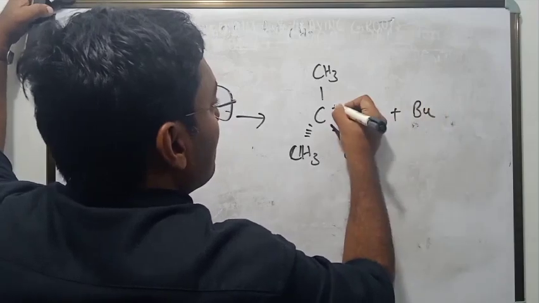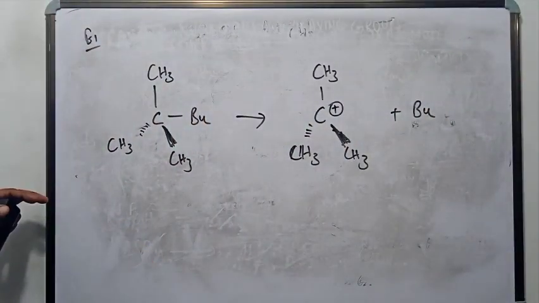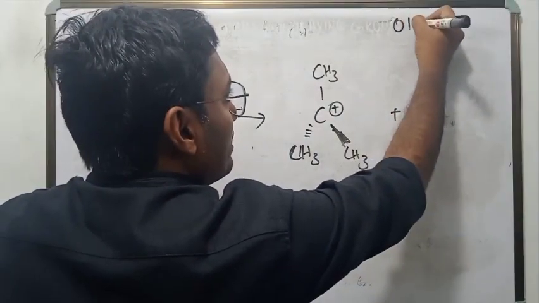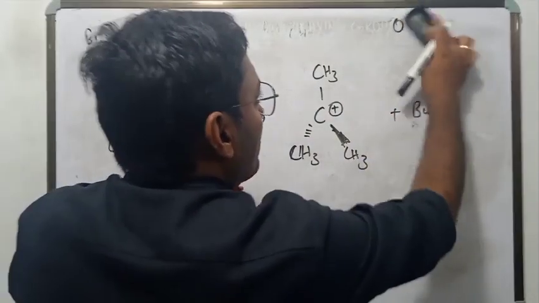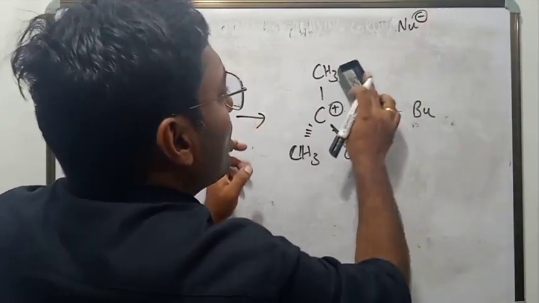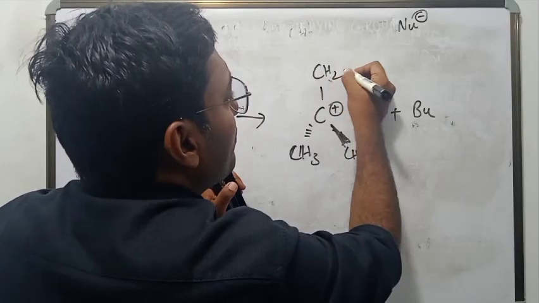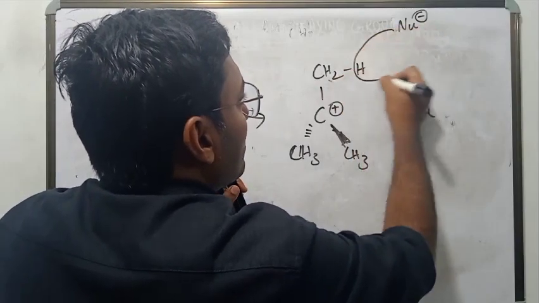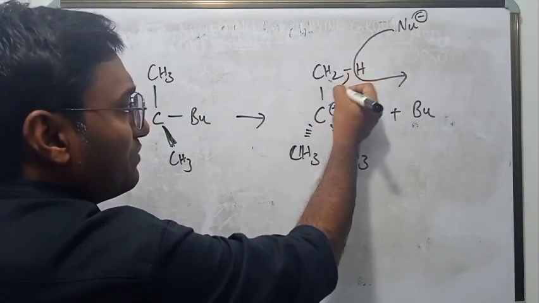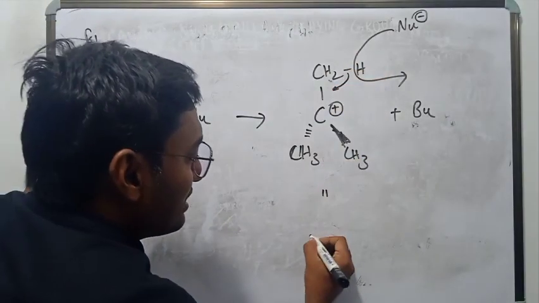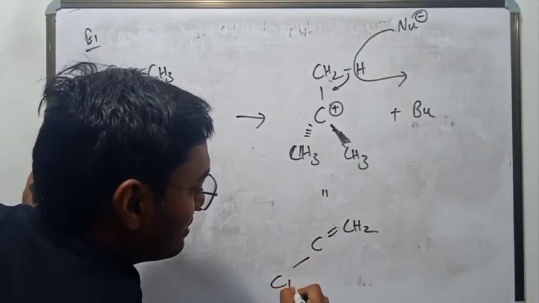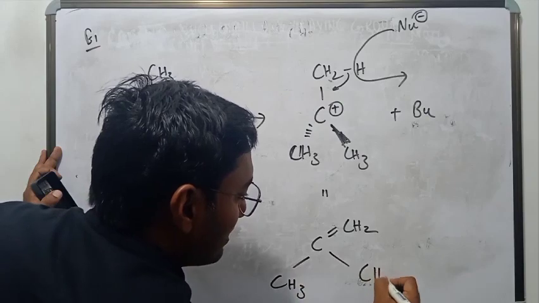In step number 2, what happens? Here the nucleophile, I am writing it as nucleophile, would attack and knock out a proton from here, and this pair of electrons of the double bond would come here. So what we will get is like this, CH3, we will get this product, fine.